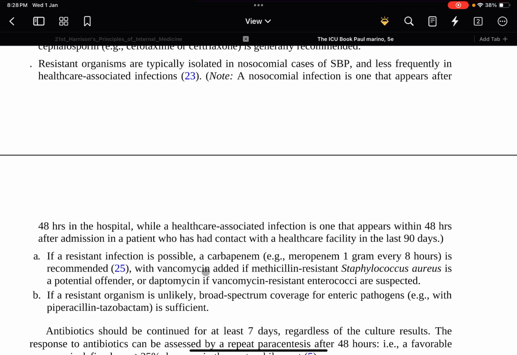So meropenem and vancomycin, or daptomycin if vancomycin resistant enterococci.